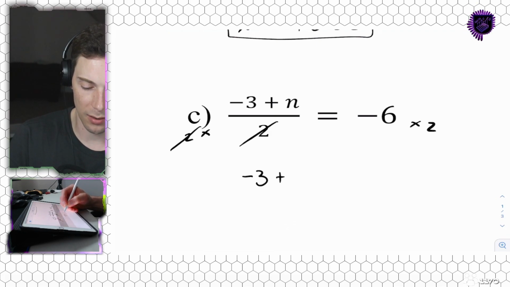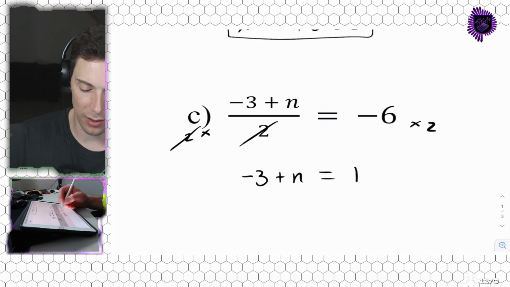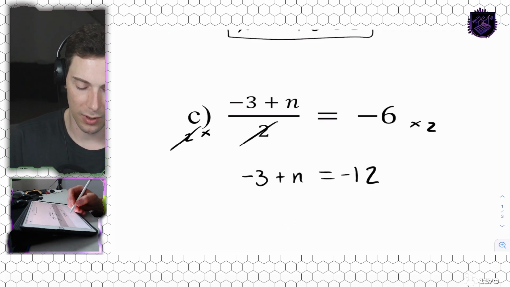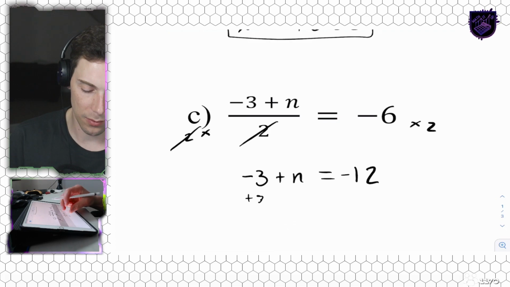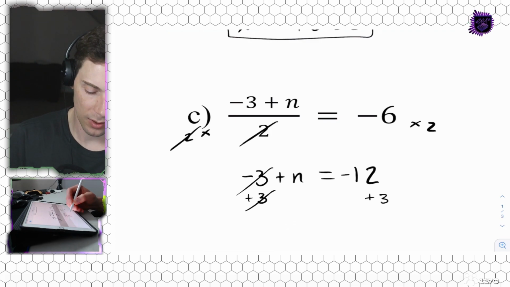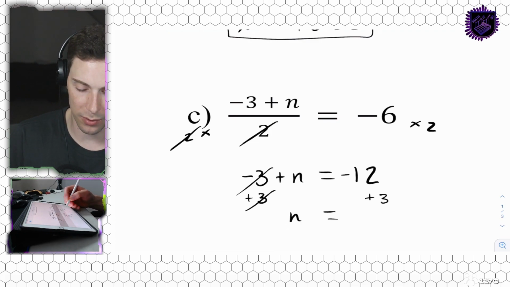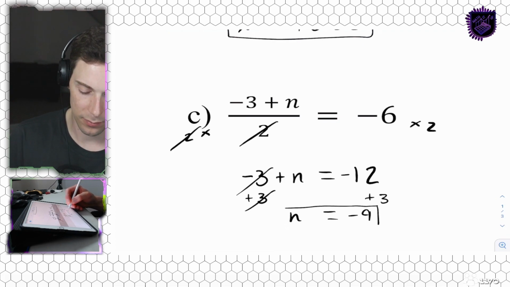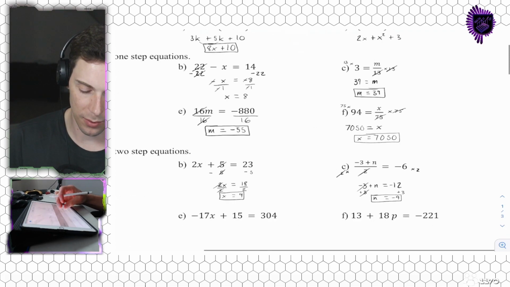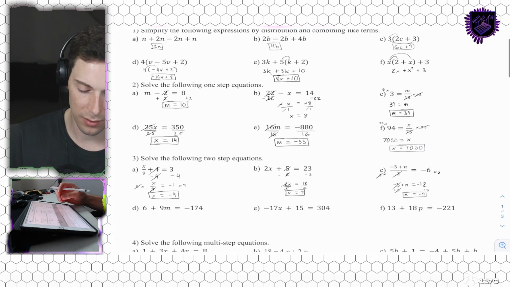Negative 3n plus n is equal to negative 6 times 2, which is negative 12. Then we add 3. Oh, that's an ugly 3. Add 3 to both sides, leaving us with n isolated on the side, equal to negative 12 plus 3, which is negative 9. Is that 3 9s in a row? 9, 9, 9. It is.